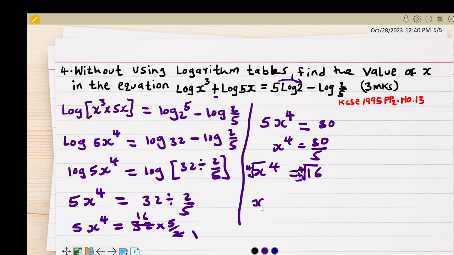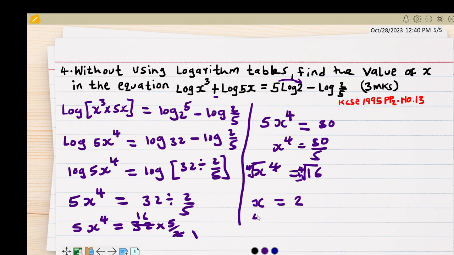So x will be equal to the fourth root of 16. This is how you press the fourth root on your calculator.